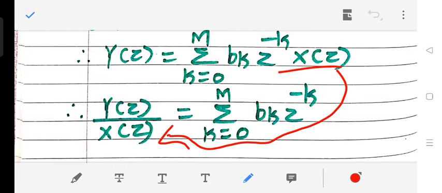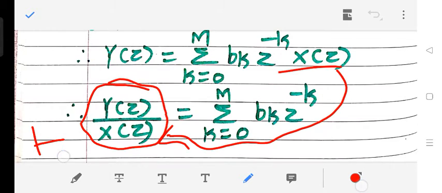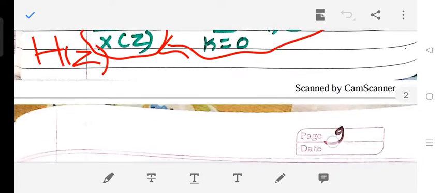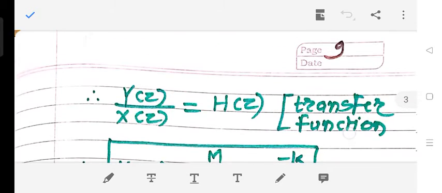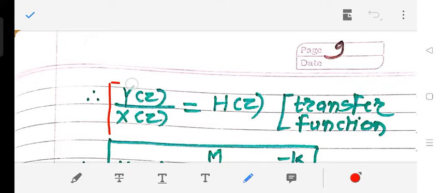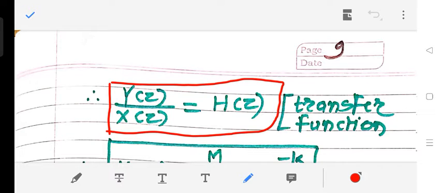So y of z upon x of z equals summation k varies from 0 to m of bk z to the power minus k. Now what is y of z upon x of z? It is nothing but H of z. So see here, I have mentioned the transfer function, subject to the condition that the given system is LTI.